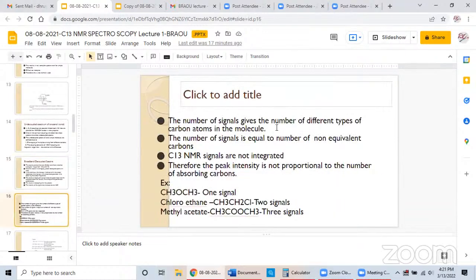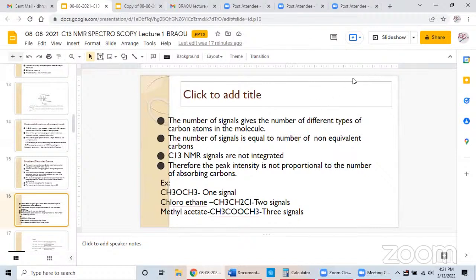The number of signals gives the number of different types of carbons present in the molecule. Because you know pretty well, from the number of proton signals in proton NMR, what do you identify? Suppose two types of signals are present in the proton NMR spectrum, what do you understand? You have two types of non-equivalent protons in the molecule.